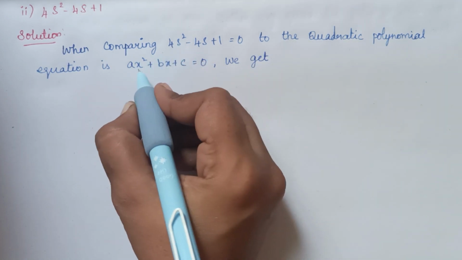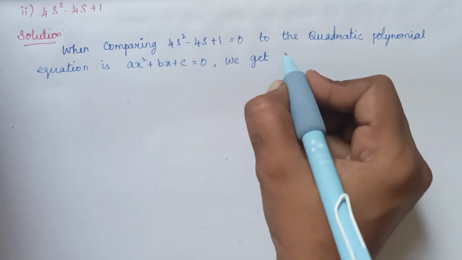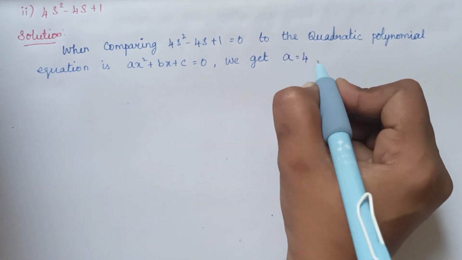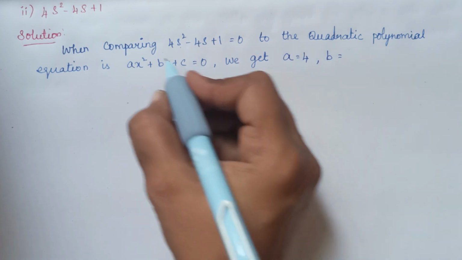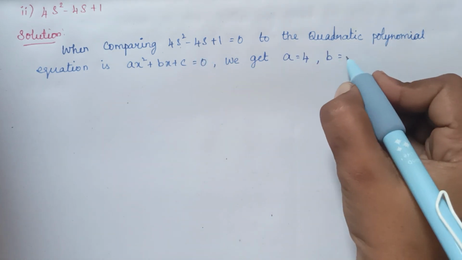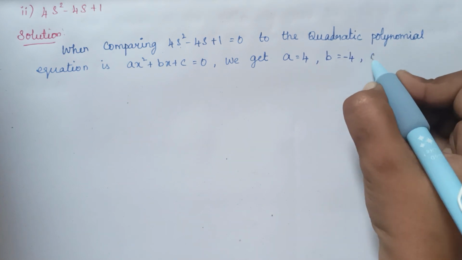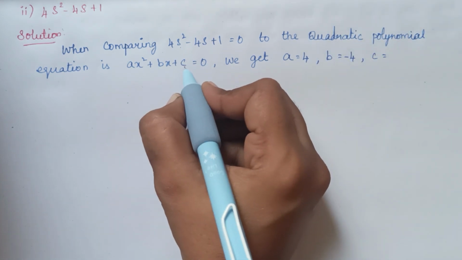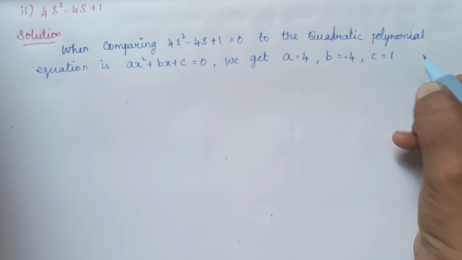What is the coefficient of s square? 4. So a is equal to 4. Then b is equal to, what is in b's place? Minus 4, the coefficient of s is minus 4. And c is equal to, what is the coefficient of the constant term? 1. C is equal to 1.